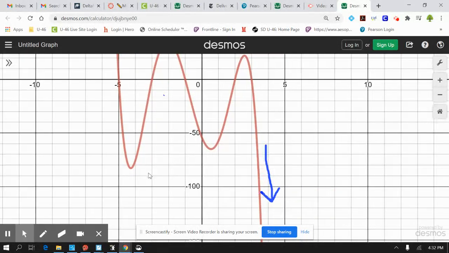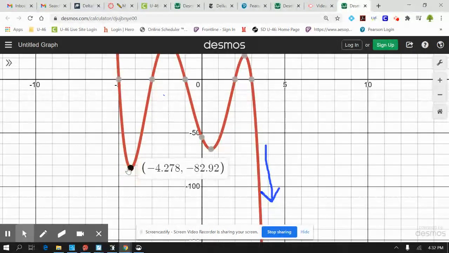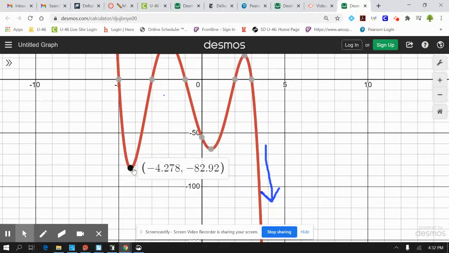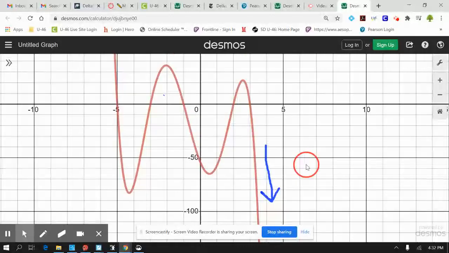But it's not the lowest because this y value right here is negative 113. That's lower than negative 82. But this y value is the least y value in this area, relative to this area. So this is a relative minimum. And relative minimums and relative maximums are in general called relative extrema.